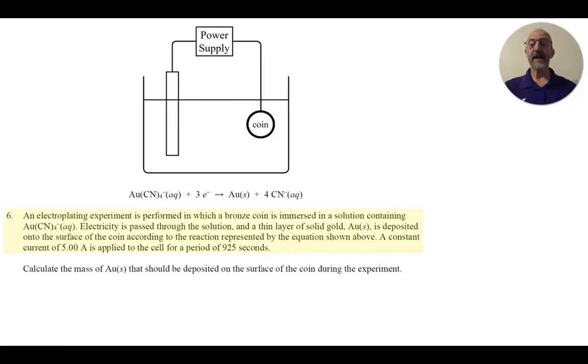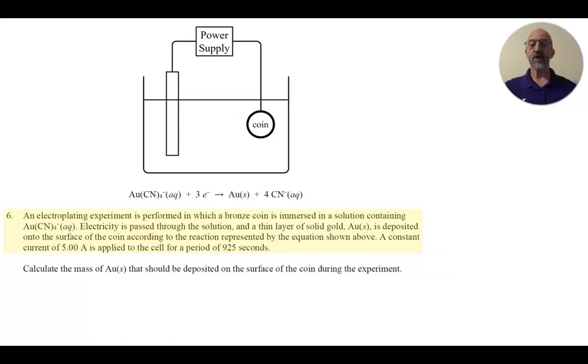An electroplating experiment is performed in which a bronze coin is immersed in a solution containing an aqueous ion that contains gold. The chemical formula is Au(CN)4, and it has a negative charge. Now that ion is in solution.